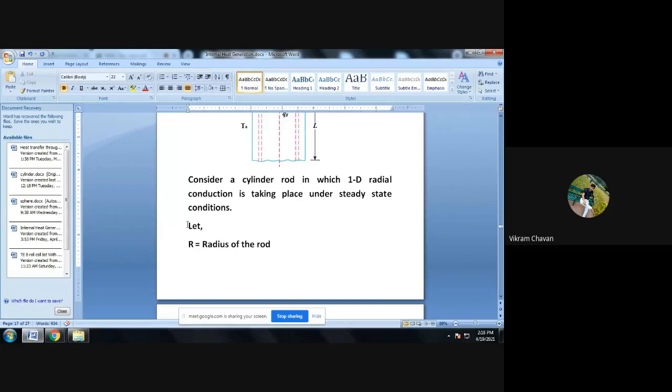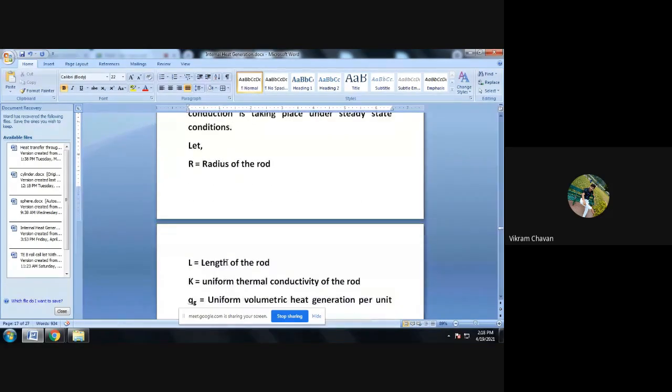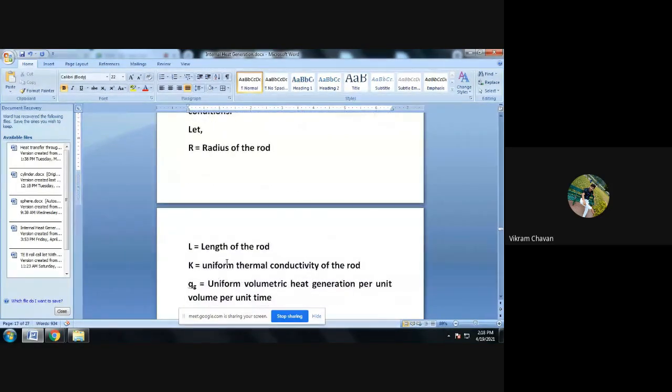Let, comma, next line. R is equal to radius of the rod.